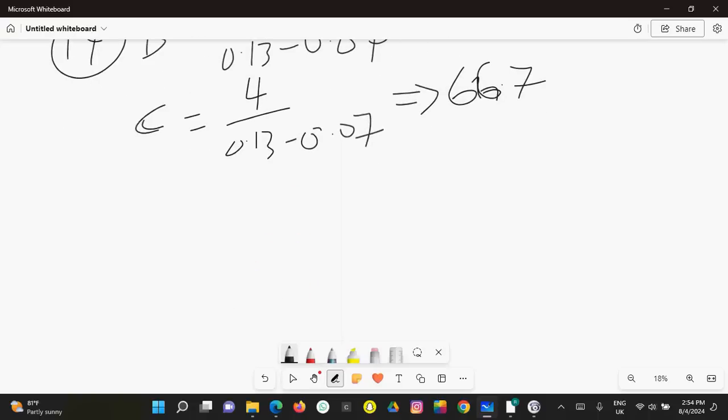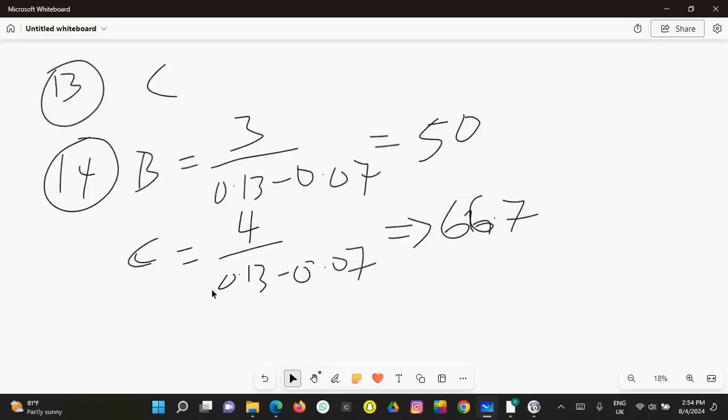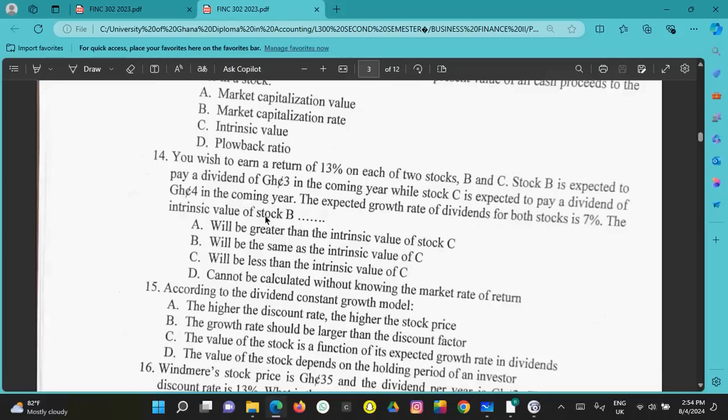Looking at here, we can see that the value of B is lesser than the value of C. So the value of stock B will be, and we check here, it's greater than, no, it is not greater. It is the same as, no, it is not the same.